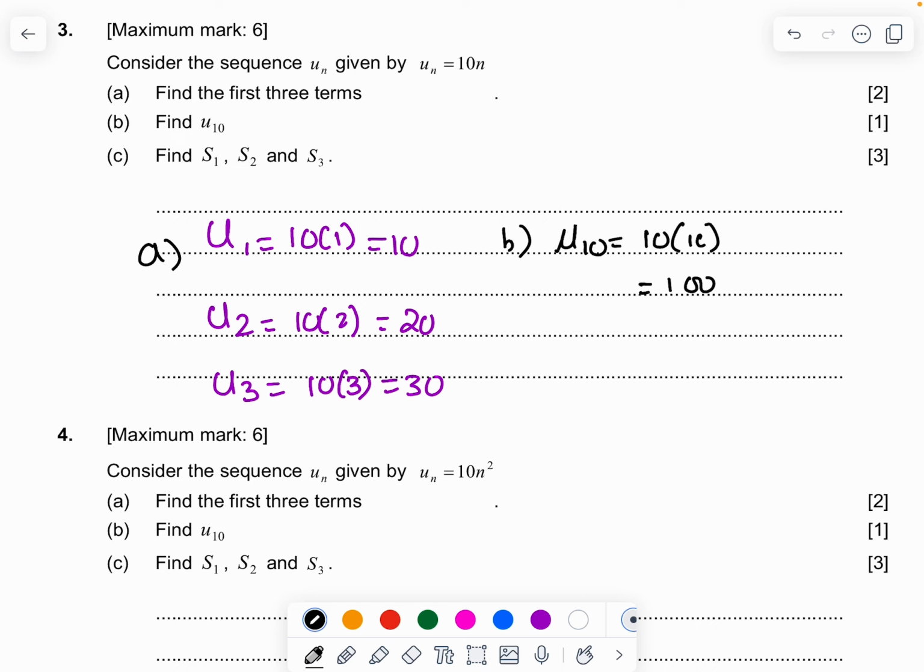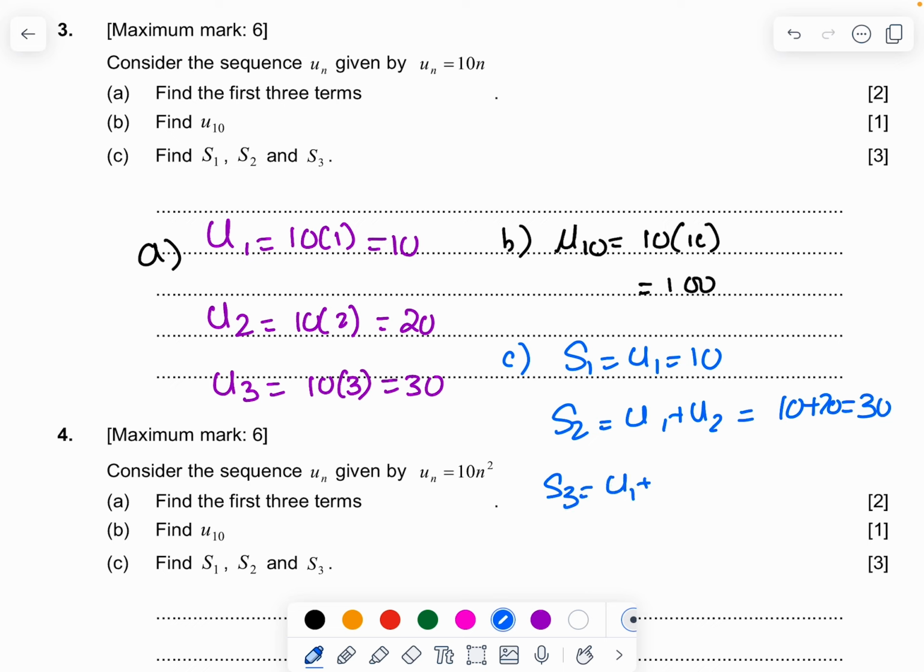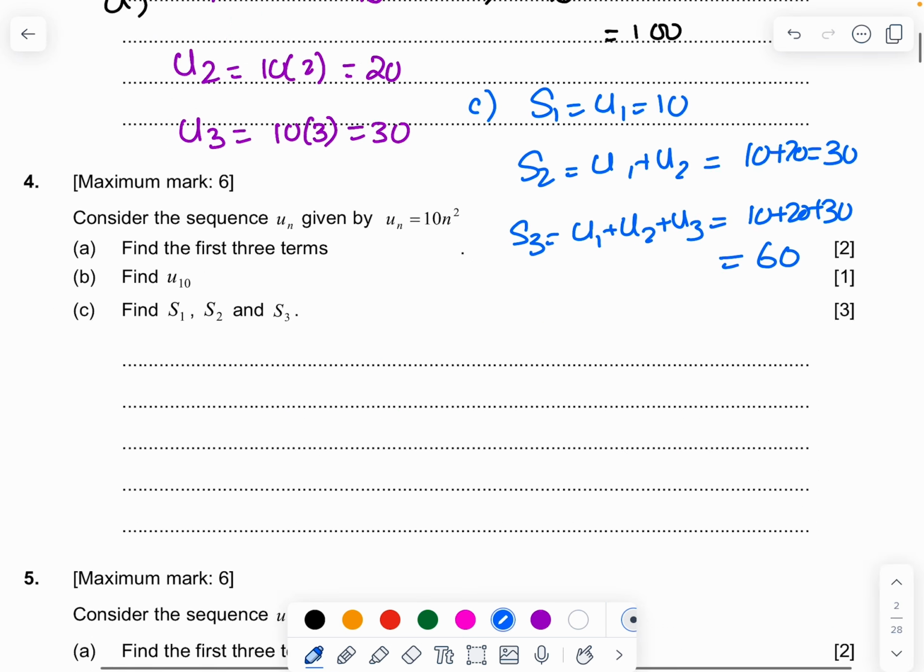Now part C, S1 is u1 itself, which is 10. S2, which is u1 plus u2, which is 10 plus 20, which is 30. S3 will be u1 plus u2 plus u3, which is 10 plus 20 plus 30, which is equal to 60.